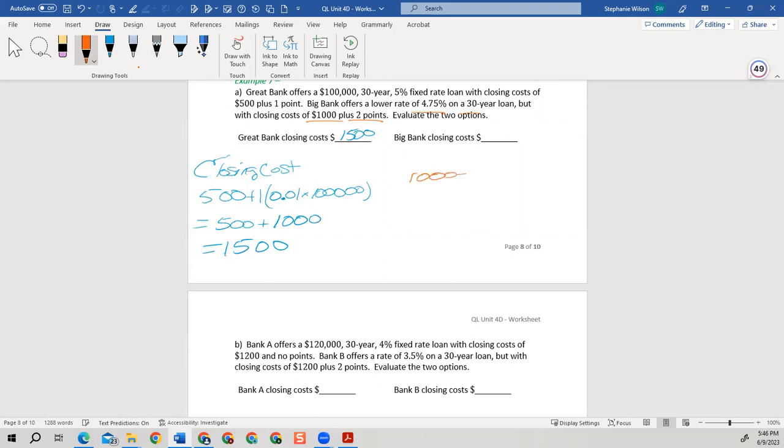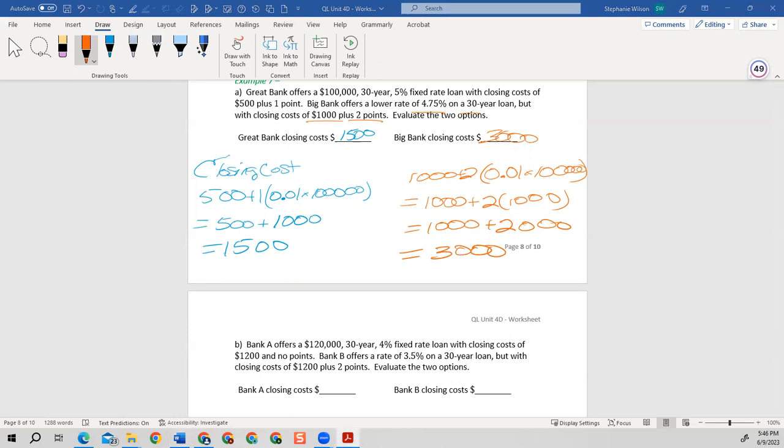So you have $1,000 plus the 2 points times 0.01 times the 100,000. So I have 1,000 plus 2 times 1,000, which is 1,000 plus 2,000, which is $3,000. So you're going to pay a little bit more on the closing costs. I feel like you can do our next example here that you see on the screen.